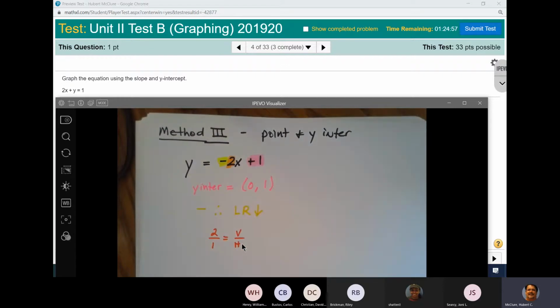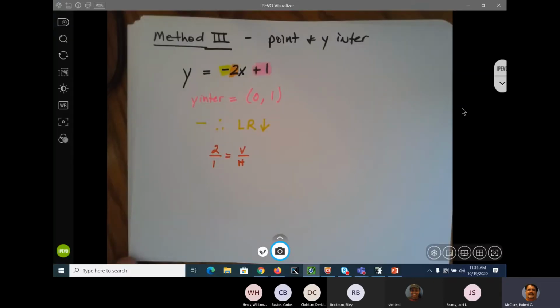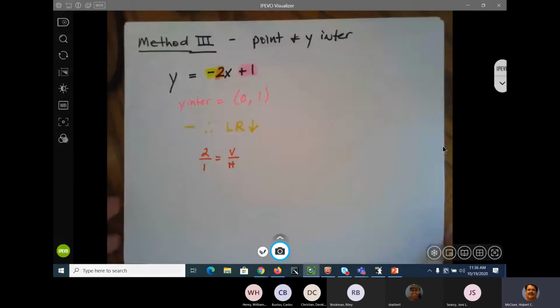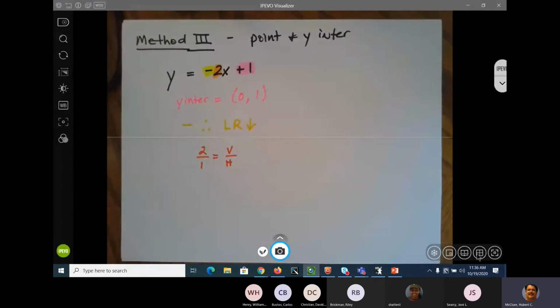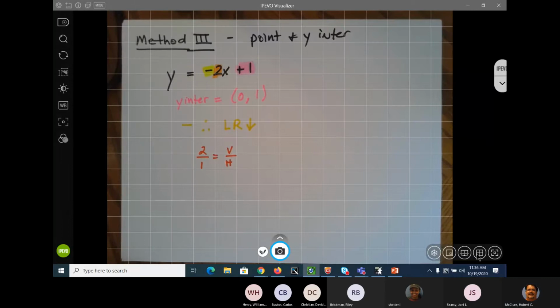Now, it would behoove you to use a piece of graph paper. I'm going to use the graph that's on this do-jigger because it kind of helps me draw a straight line, even though it's hard to do. All right, so first of all, I'm going to draw a line.